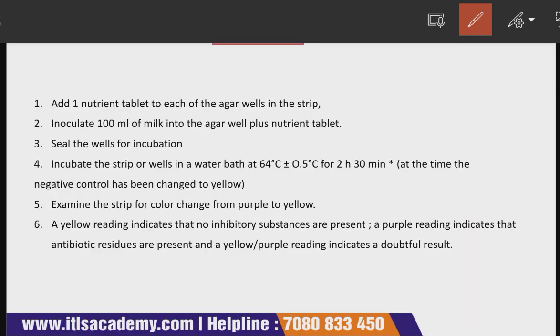So you should always know two or three things here: at which temperature it is incubated, 64 degrees plus minus 0.5 degrees centigrade, and how much time is needed for incubation, 2 hours 30 minutes.